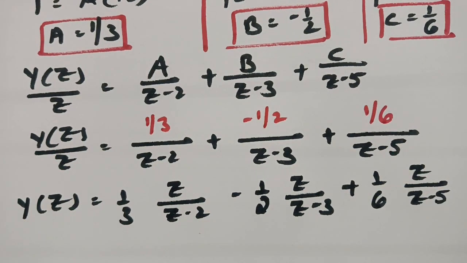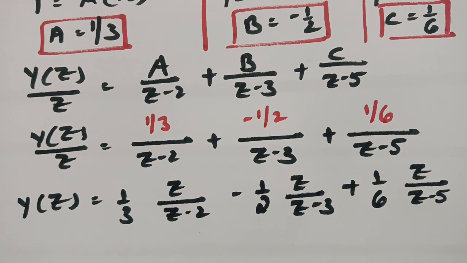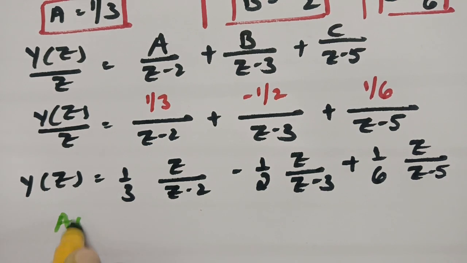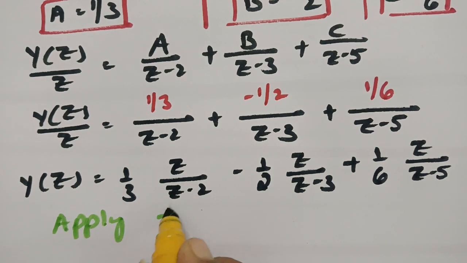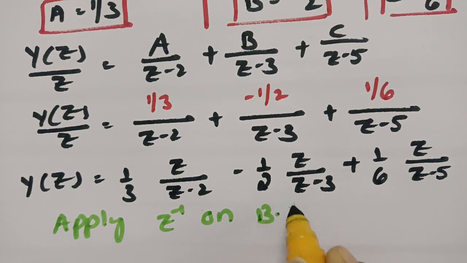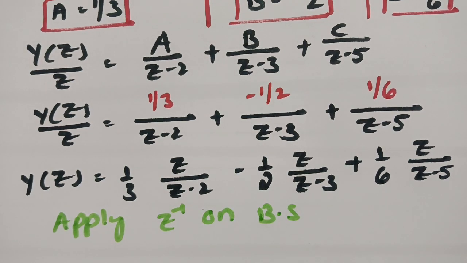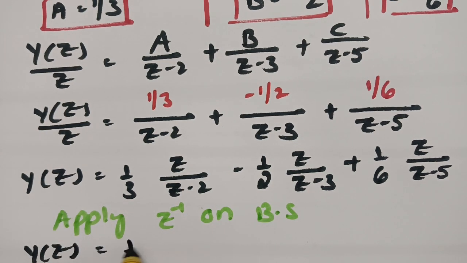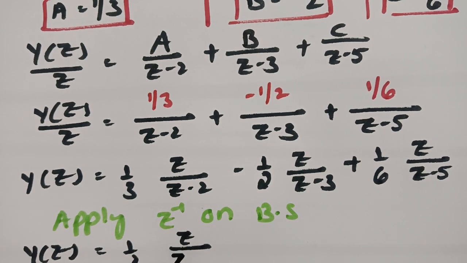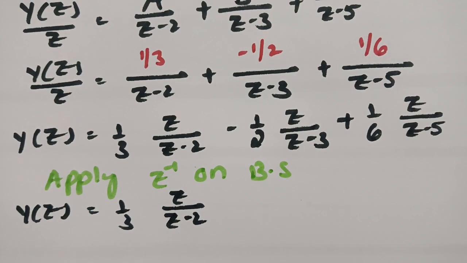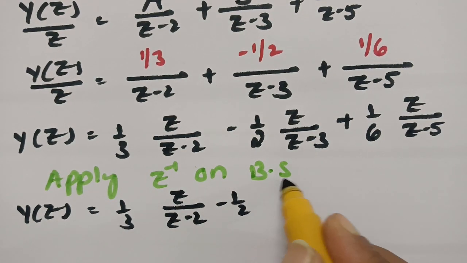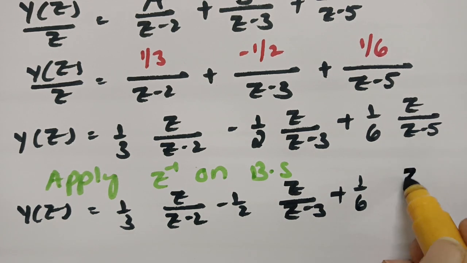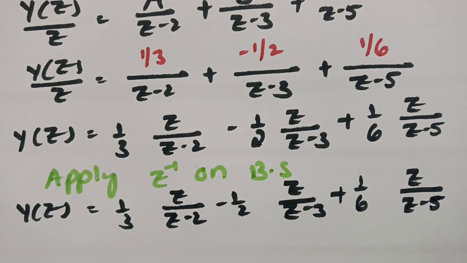And now, this time we have to apply inverse z transforms on both sides. Apply z inverse on both sides. After applying z inverse on both sides, see what happens. Throughout the equation, y of z is equal to 1 by 3 times z by (z minus 2), minus half times z by (z minus 3), plus 1 by 6 times z by (z minus 5).